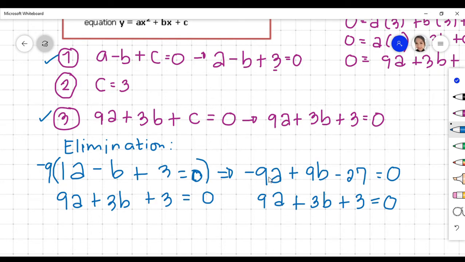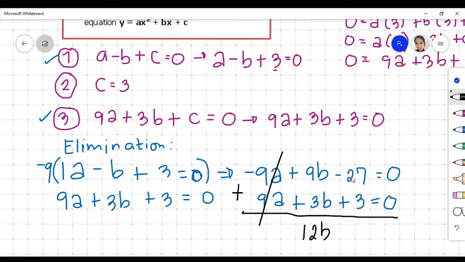So since opposite sila, if i-add ko yung dalawang equation, ang mangyayari is ma-eliminate ito first terms natin. Because negative 9 plus 9, that is 0. So that is eliminated. That's why it's called elimination. So 9b plus 3b, that is 12b.